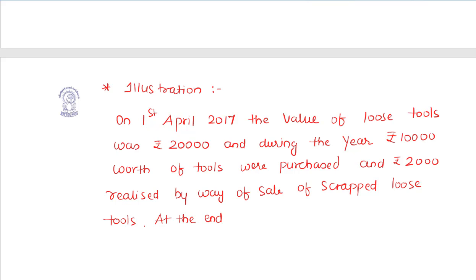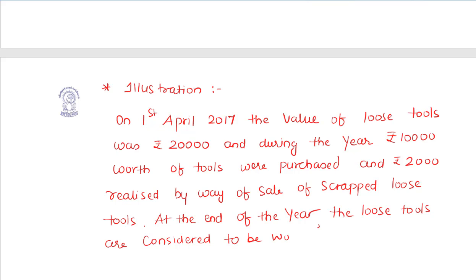At the end of the year, the loose tools are considered to be worth only rupees 12,000.